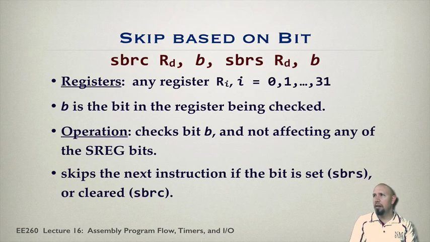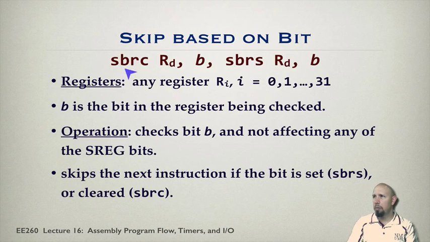All right, skip based on some bit. The last command was a skip command. It would skip the next instruction, and generally the next instruction would be some kind of jump instruction. In this case, we're going to skip based on some bit. If you want to check some bit in a register, say you read in from port B, and you have some bit, say bit 3, that you want to check: if that bit is set, you're going to do this, and if the bit is not set, you're going to do that.